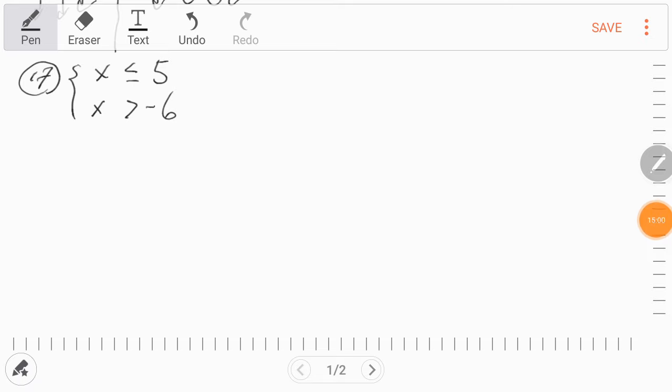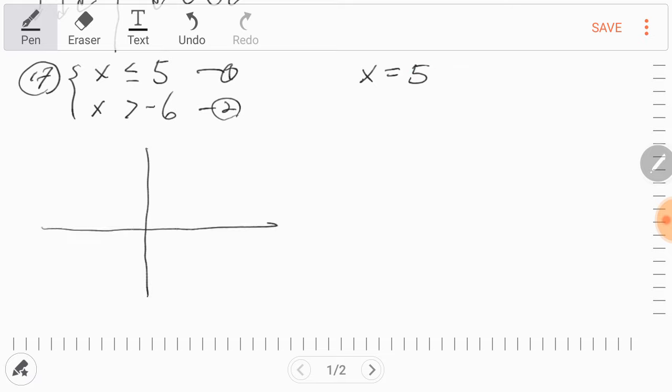Okay, now this is exercise number 17. Let's sketch the graph of these linear inequalities. For the first inequality, write the equation first and then draw the straight line. X-axis, y-axis. Okay, x equals 5. Is it a vertical line?